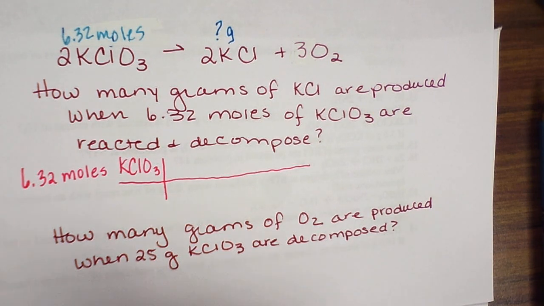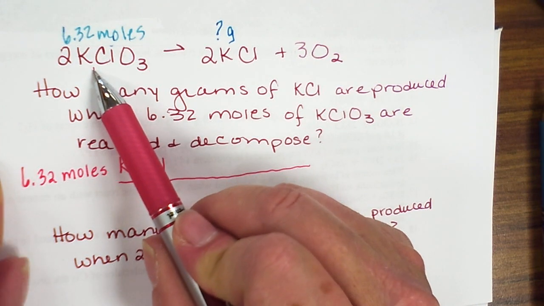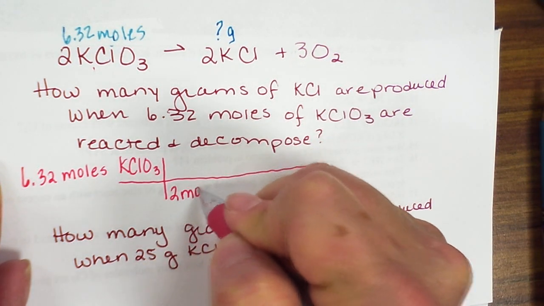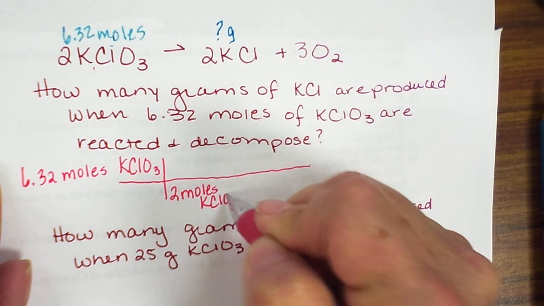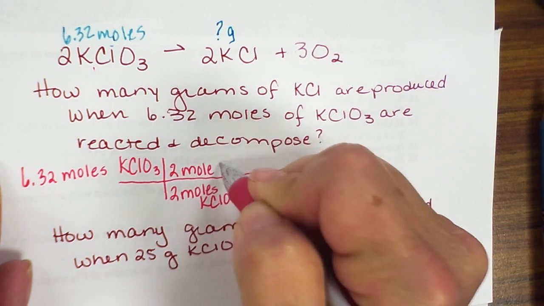So I'm going to do that using the molar ratio, just like I did last night, because I'm in moles of potassium chlorate. So that's 2 to 2. So 2 moles of KClO3 to 2 moles of KCl.